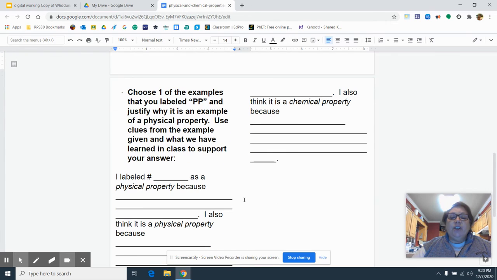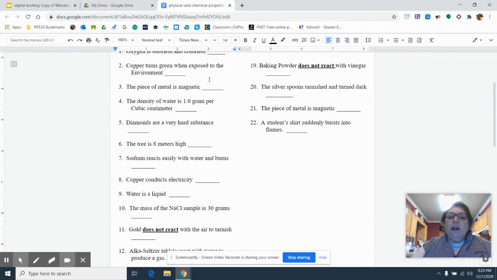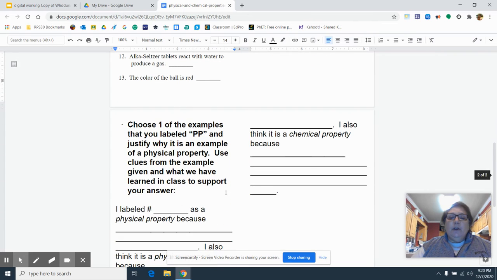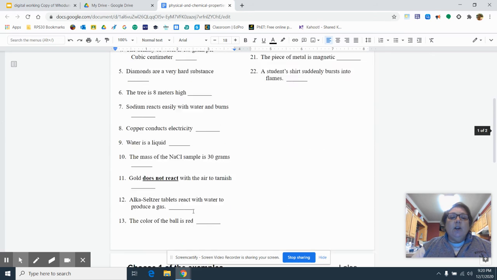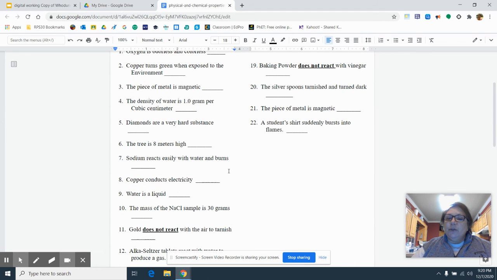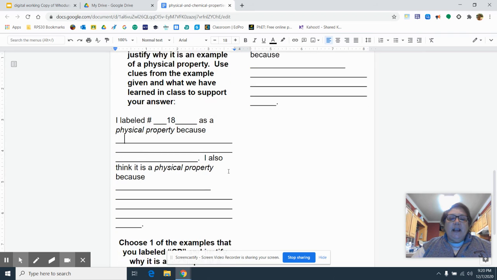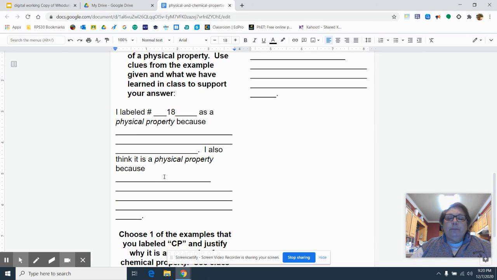On the second page, you have to pick any one of these that was a physical property. So let's say I labeled number 18 as a physical property because, well, what was the reason you did this? And I also think it's a physical property because, okay, you are justifying your answer. There have to be two reasons.